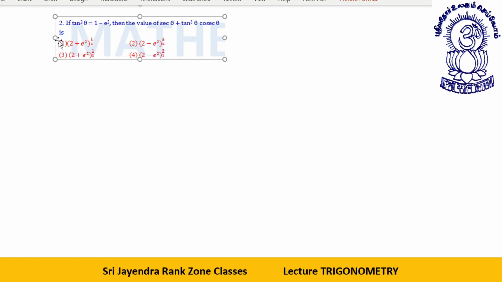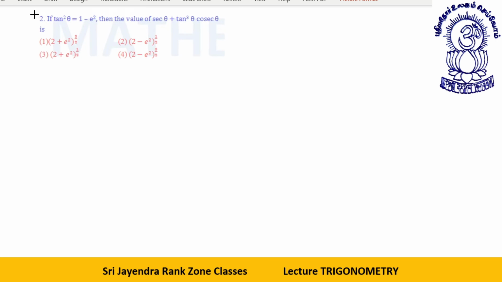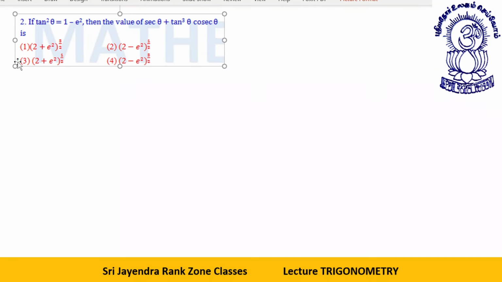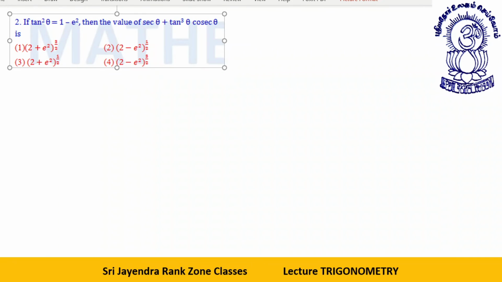Again, this is a bit tricky question. See, tan square theta is equal to 1 minus e square.